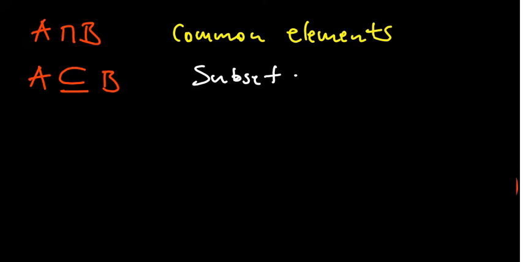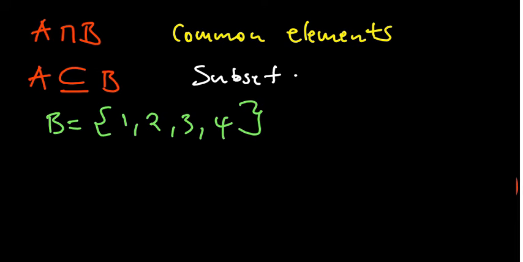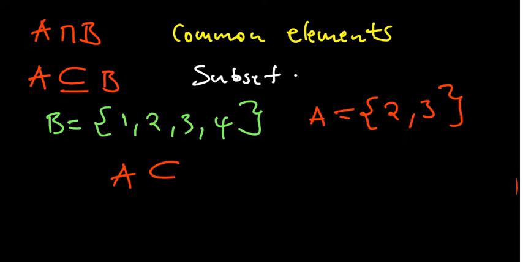An example is if B has 1, 2, 3, 4 as its elements. By the way, I didn't mention that a set consists of what we call elements or members. And then let's say set A is now made up of 2, 3. If you observe, you understand that 2 and 3 are part of set B, right? So that makes A a subset of what? Of B. A is part of B. That's what it means to be a subset.